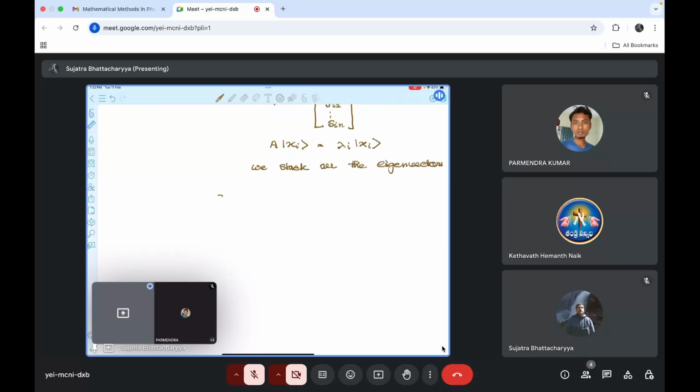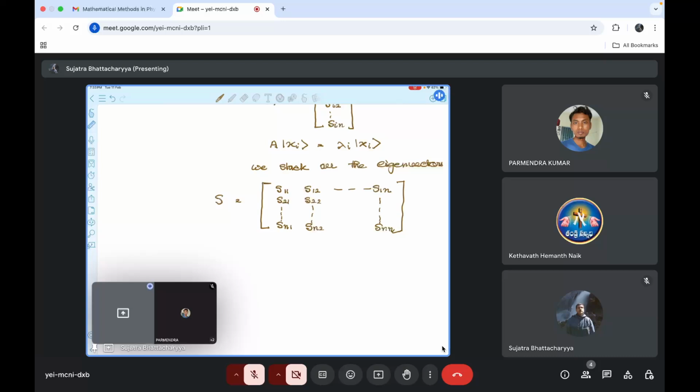Let's form that matrix as S. You can also write it in terms of P. Any notation is fine. So S11, S21, and so on up to Sn1, S12, S22, so on up to Sn2, and so on. So this is S.